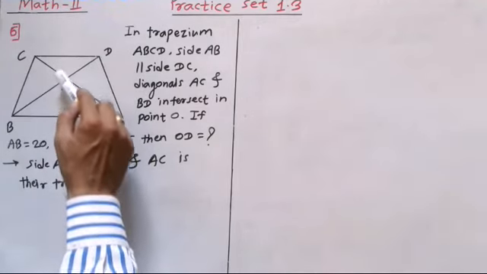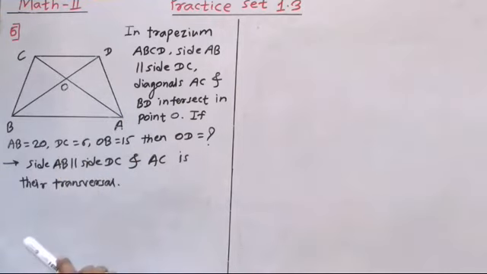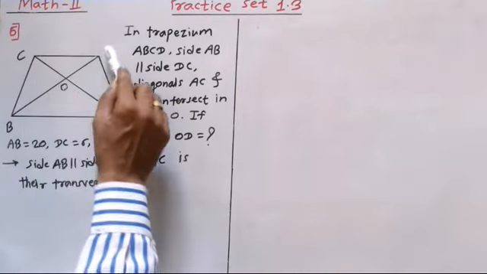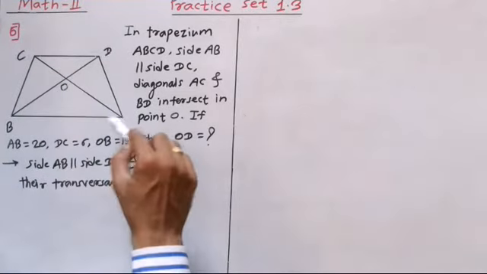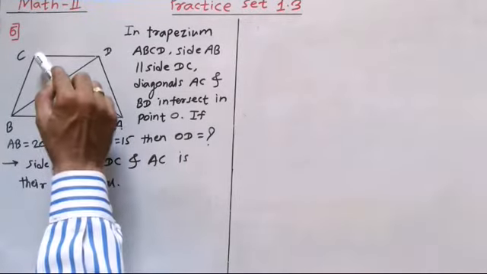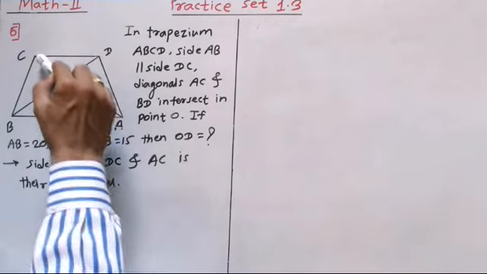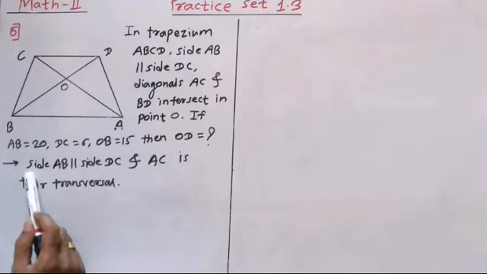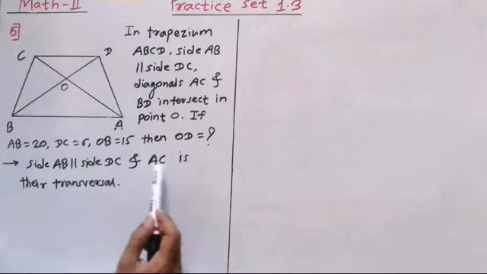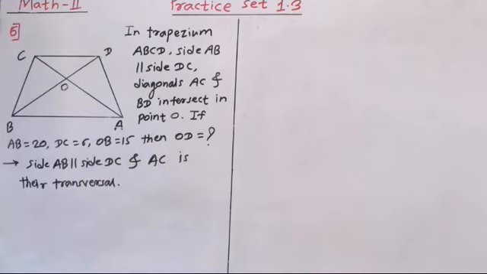The pair of opposite angles is already congruent here, and if we consider these two sides which are given parallel and AC as their transversal, then the two angles which are alternate angles can be shown congruent. So let us write first side AB is parallel to side DC and AC is their transversal.